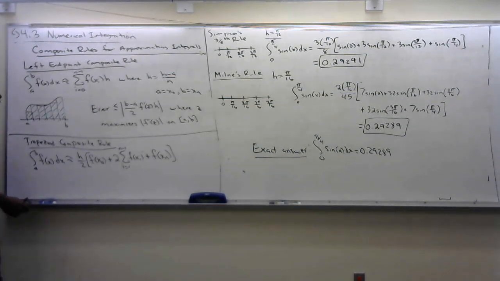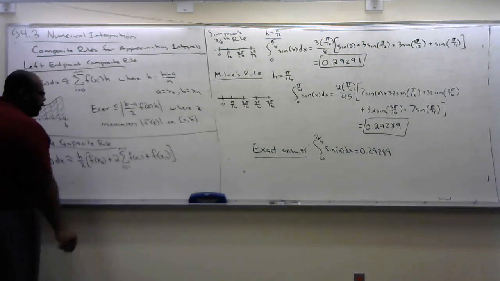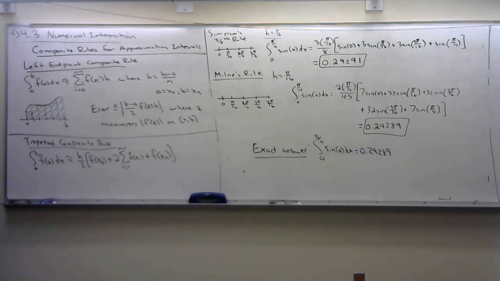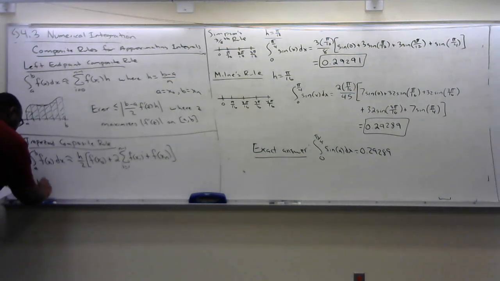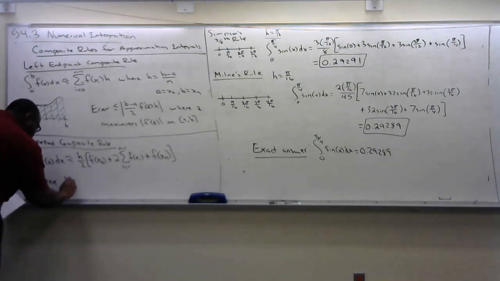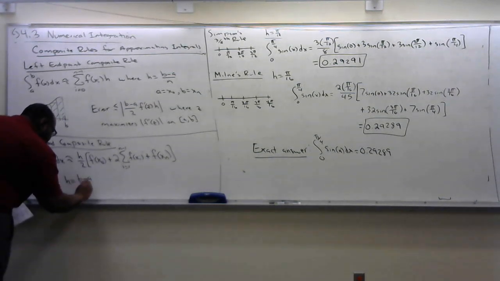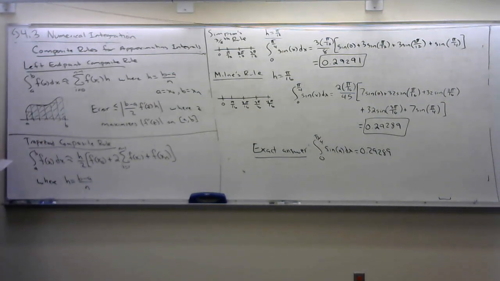Notice that if n is equal to 1, then this sum term disappears, and we just have one interval that we're dealing with here. Again, where h is equal to b minus a divided by n, same thing that we did before.